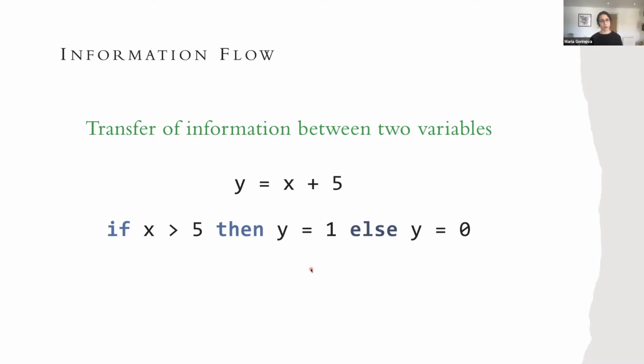So here in those examples, we see that there is information flowing from X to Y in both cases, because here Y depends on X, and here again, even though it's not explicitly through deterministic assignment, but through an if statement, still Y depends on X through information flow.